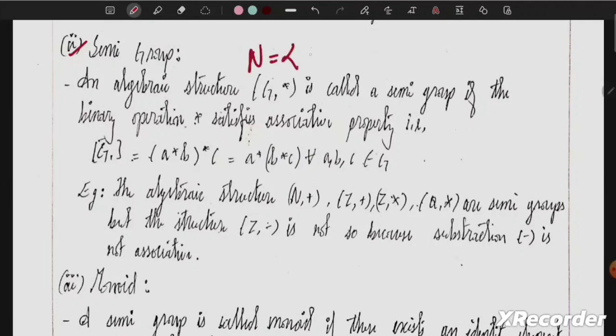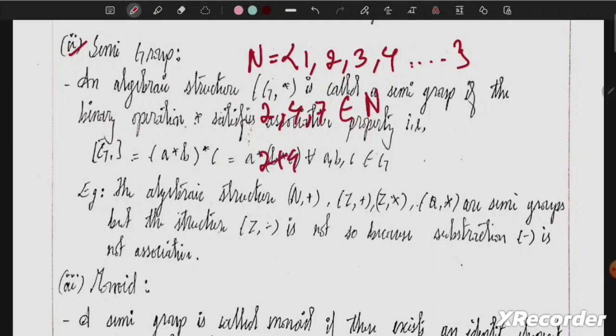Suppose we have the set of natural numbers, N equal to 1, 2, 3, 4. If we take three numbers, say 2, 4, and 7 belong to N, and if we apply the addition operation, (2 plus 4) plus 7 equals 2 plus (4 plus 7).